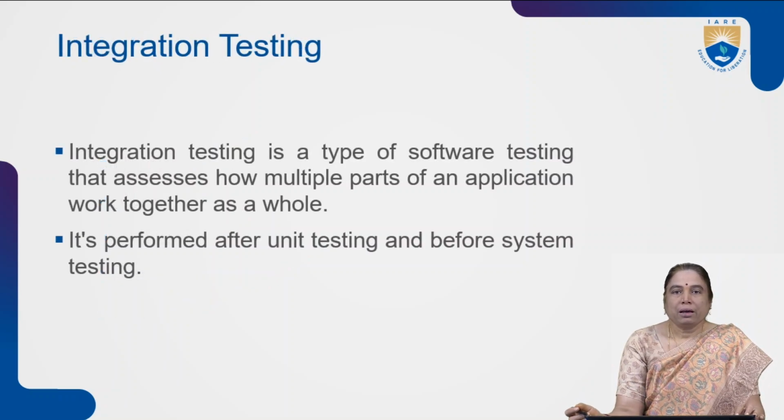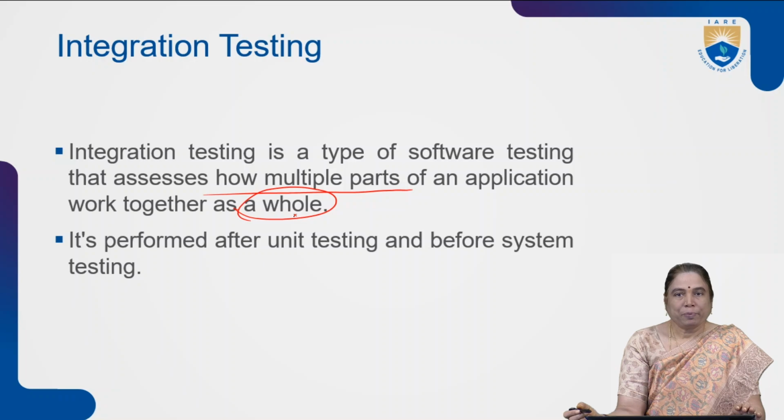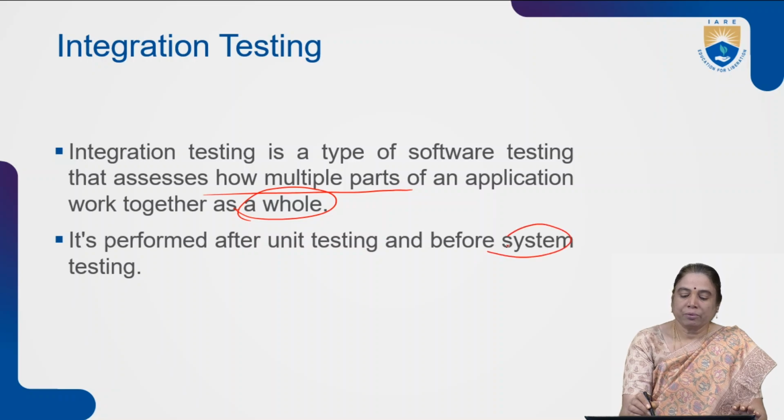The next level of software testing is integration testing. Integration testing is a type of software testing that assesses how multiple parts of an application work together as a whole. It is performed after unit testing and before the next higher level of testing, system testing.